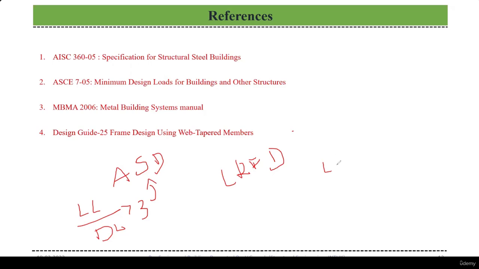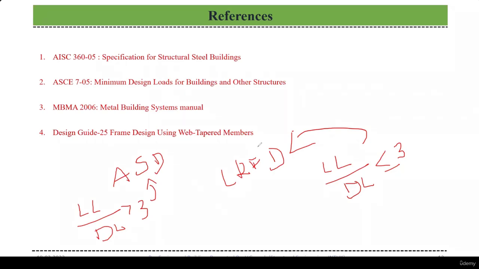If the live load to dead load ratio is less than or equal to 3, LRFD design will give a slightly more economical section than ASD. This is the main important aspect you have to know. We can use both ASD design and LRFD design.